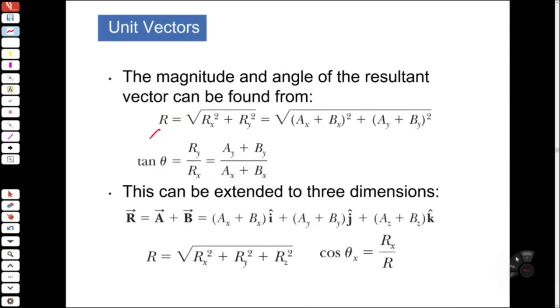And of course, the magnitude of the vector R is given in this way, and tangent theta is given this way. In 3 dimensions, you can have I, J, K, and R, and theta.